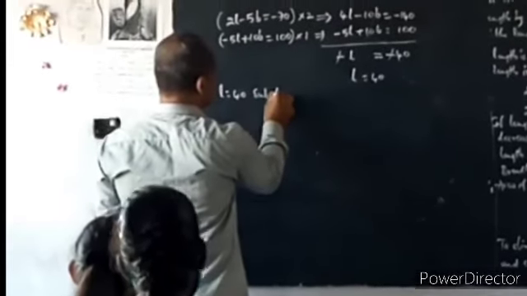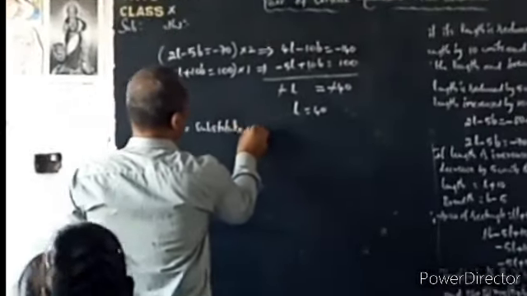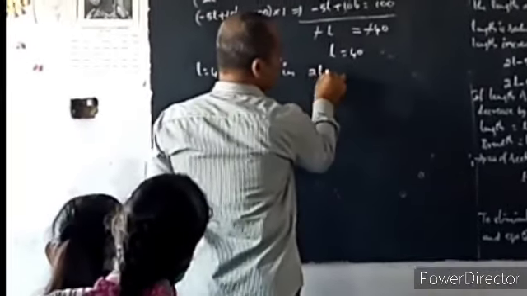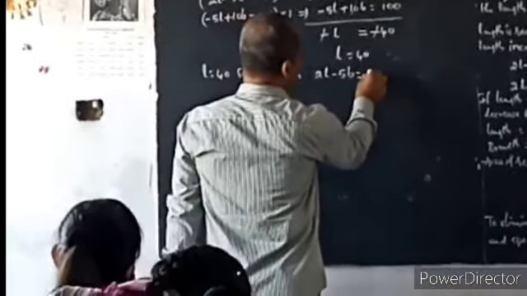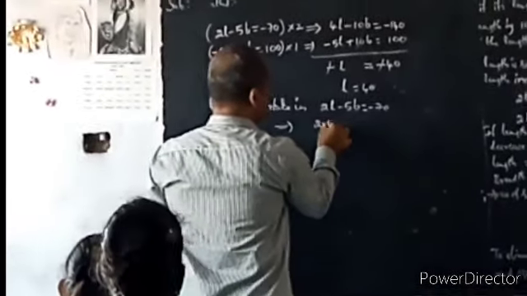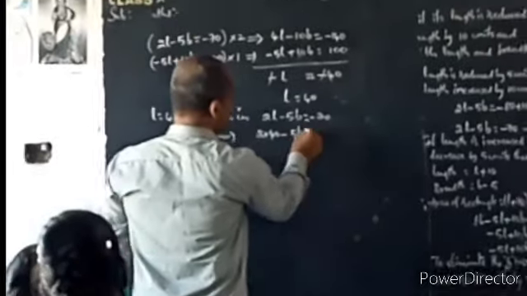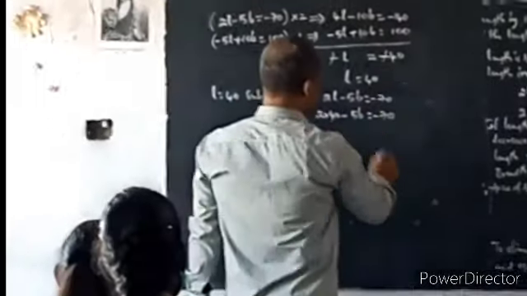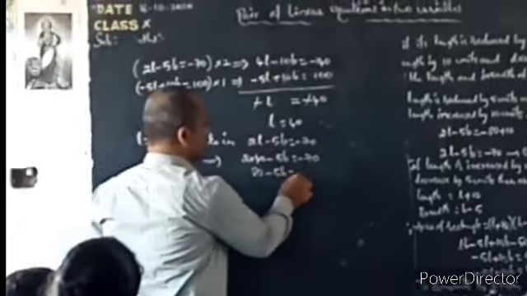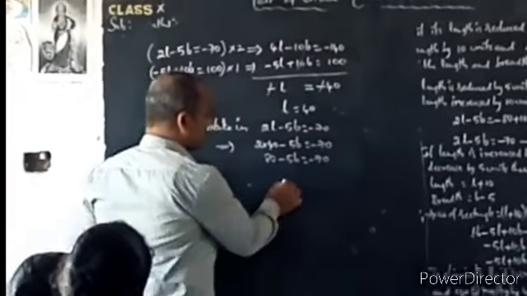Substitute in which one? First equation, take 2L minus 5B is equals to minus 70, which implies 2 into 40 minus 5B is equals to minus 70. 2 into 40 is 80. Yes, na? 80 minus 5B is equals to minus 70.